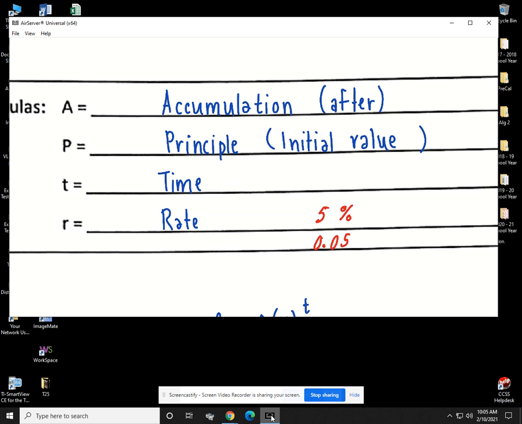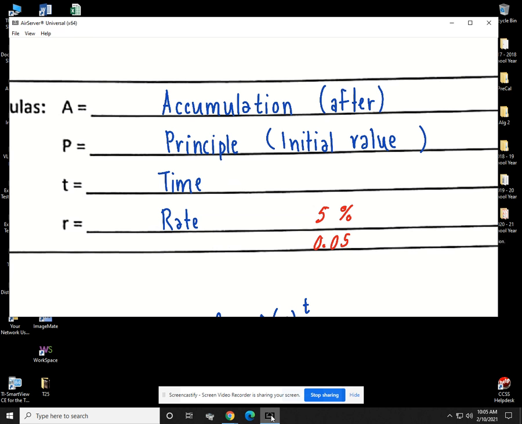Then T, of course, is going to represent your time, and most of the time it's going to be time in years. With those last two that we did, it wasn't. Bacteria was hours, and then putting in triple every day, so time was in days. But all the time when we deal with appreciation and depreciation, it's in years. And then lastly is your rate.